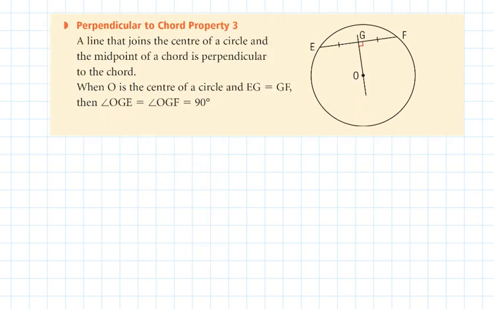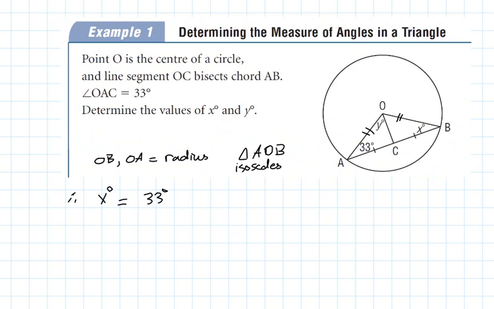So we know now the angle OCA equals 90 degrees according to property of chord. What is it?